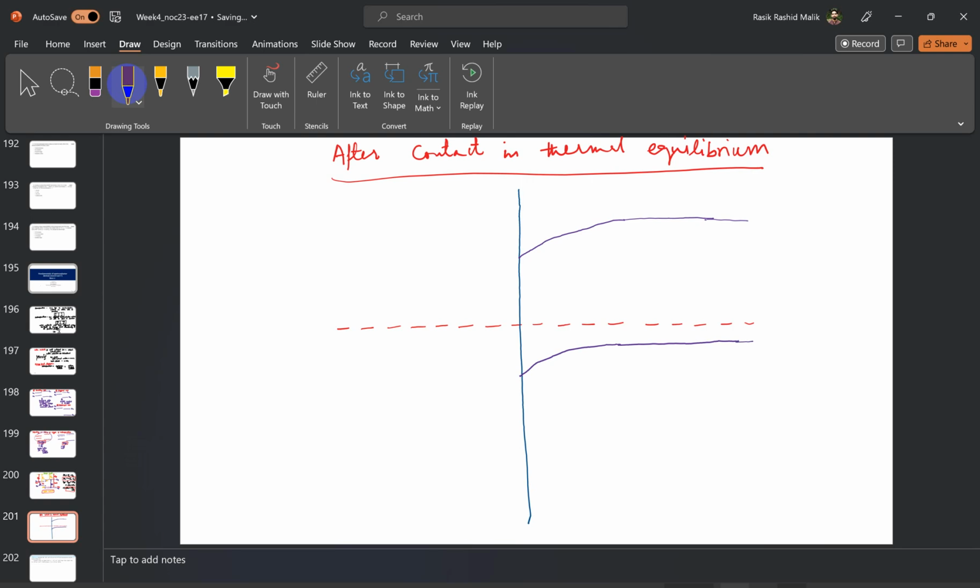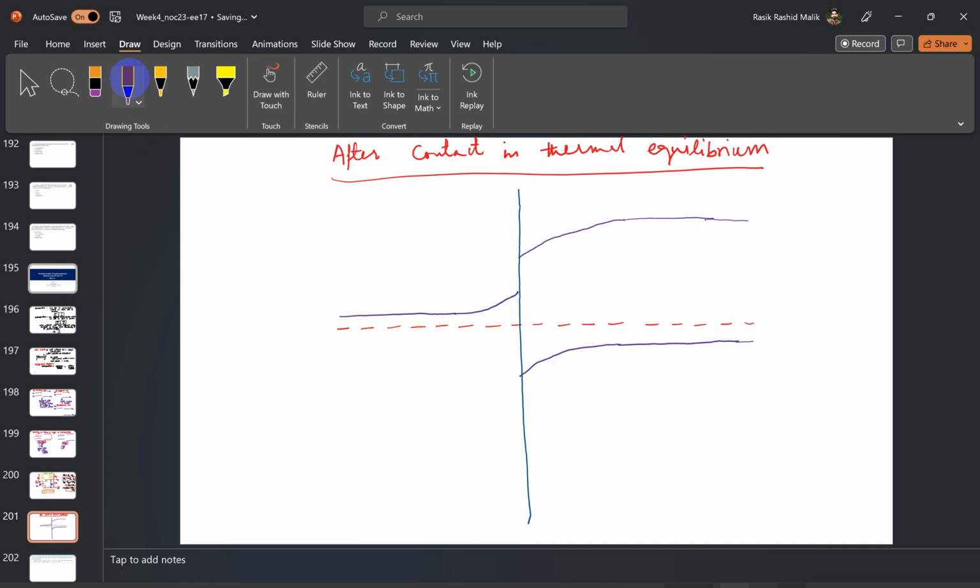So this is the wider band gap side, and on the narrower band gap side, far from the junction, this will be n type. But as soon as we reach the junction, there will be a depletion of electrons because they will move across the junction in order to establish thermal equilibrium.